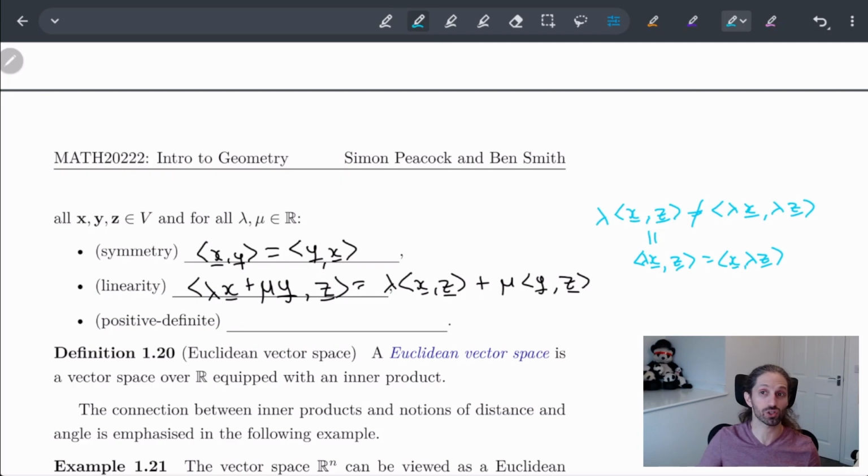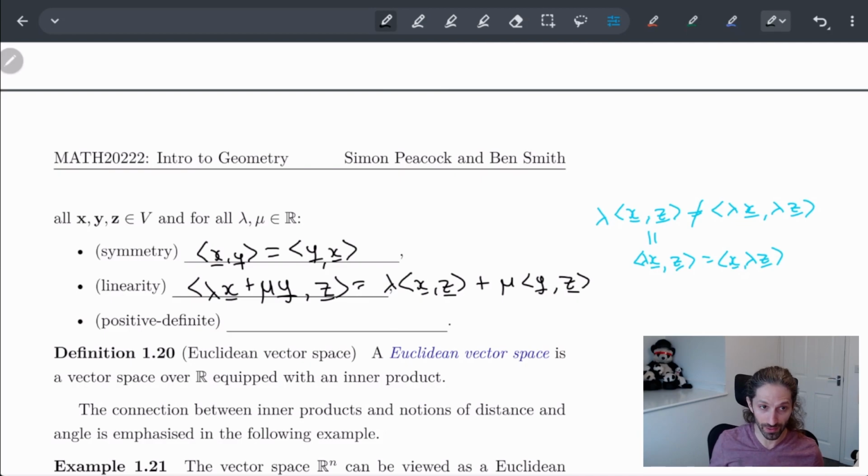Now, why can we put it in the second component? This you actually have to show, and this comes from symmetry, right? So what you do is you take lambda times the inner product of x and z, you flip x and z, you pull the lambda in, and you symmetrize again. But try it out. There's one other condition we need, and that's called positive definite.